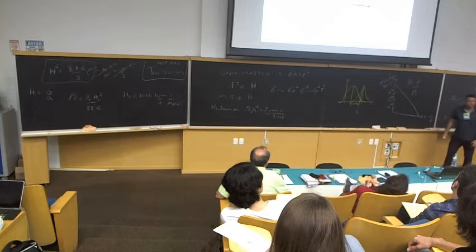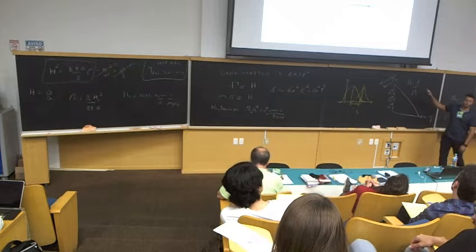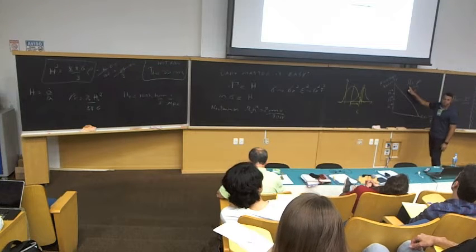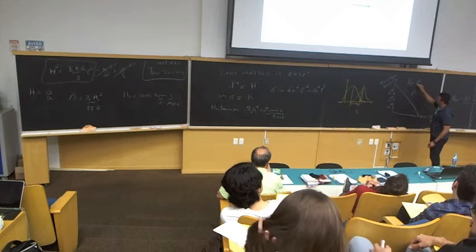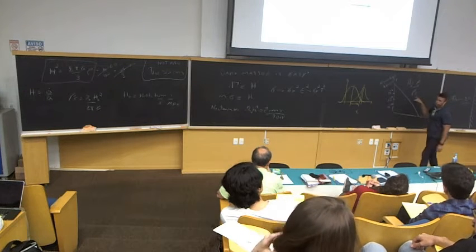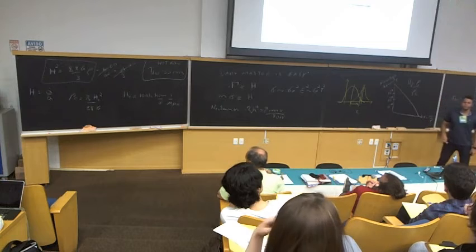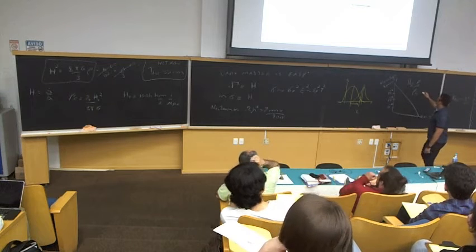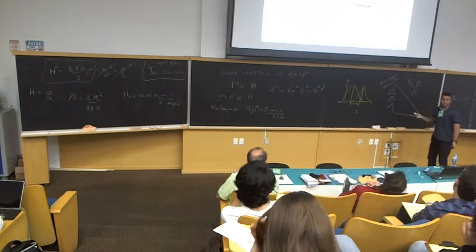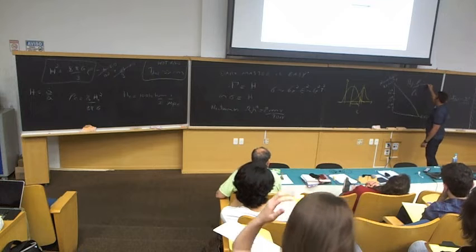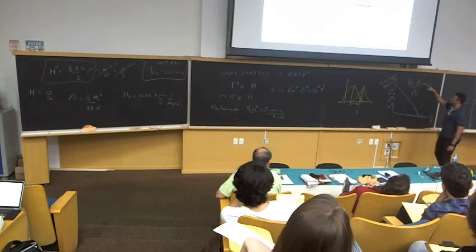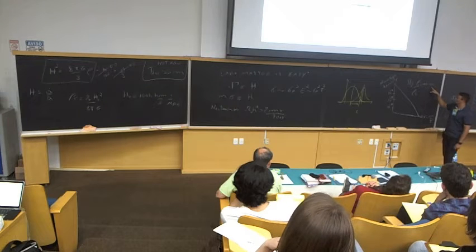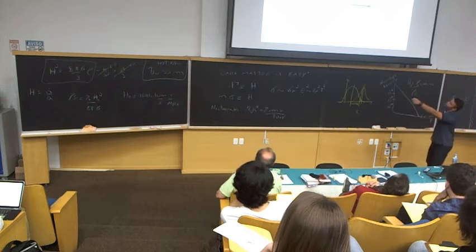From cosmology, for those who are not familiar with these cosmological parameters, the abundance of a given species is given by the rho of that species divided by the critical density, which we already know. If that particle is non-relativistic, rho is m times n, where m is the mass of that species and n its number density. So you just use that formula, which is what I'm using here.